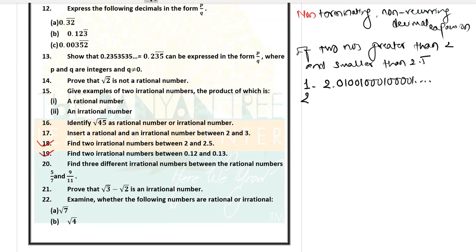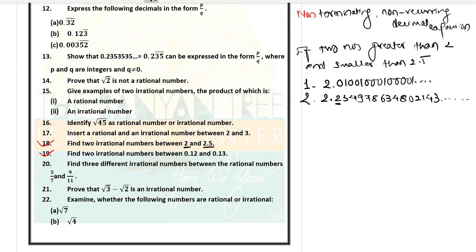The second number can be 2.23497863480214 and so on. I've just written random digits after the decimal point, but I made sure that the first digit after the decimal point is smaller than 5. Why? Because I want numbers between 2 and 2.5.